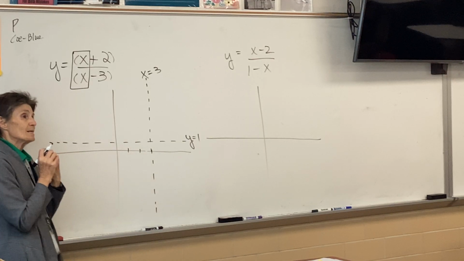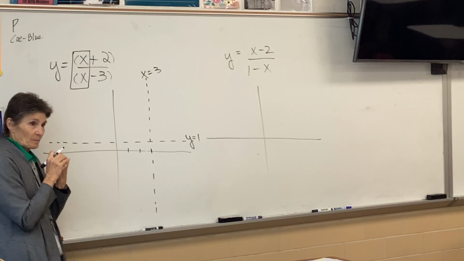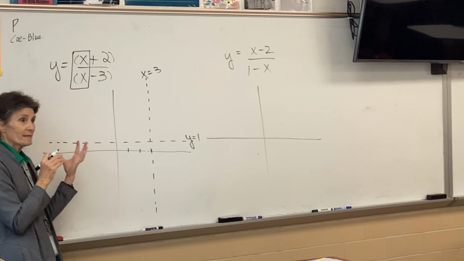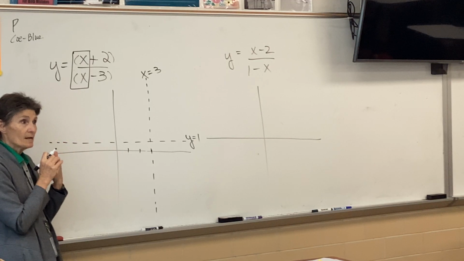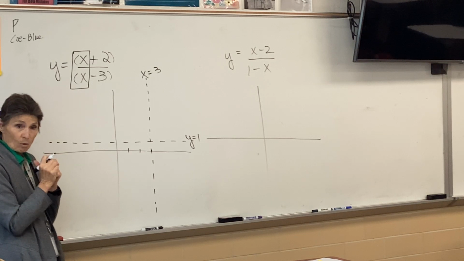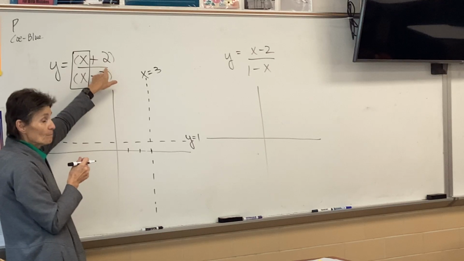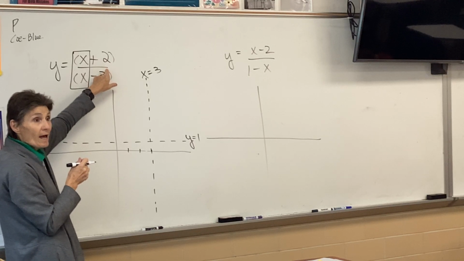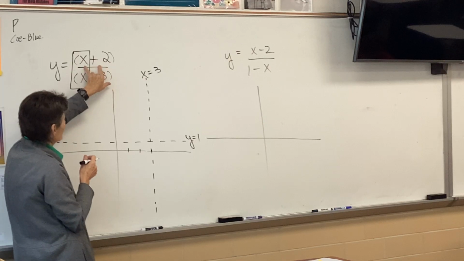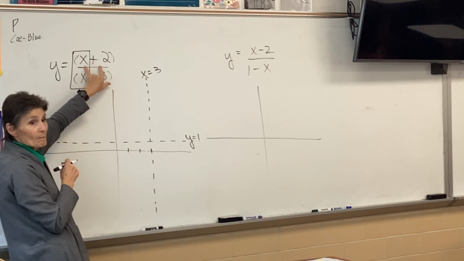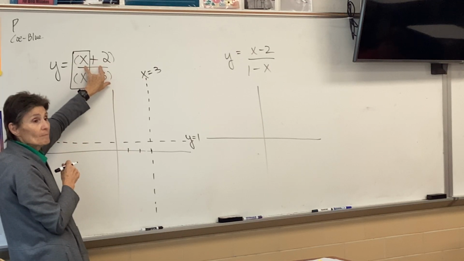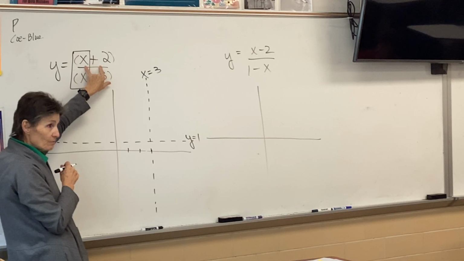Now I'm going to do intercepts. In other words, where do I touch the x-axis and where do I touch the y-axis? The numerator gives you your x-intercepts. Where do you think my x-intercept is going to be with that numerator? Negative 2.